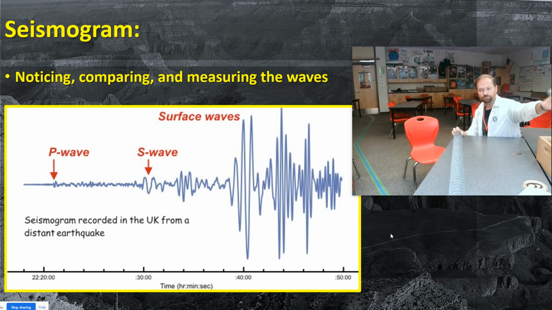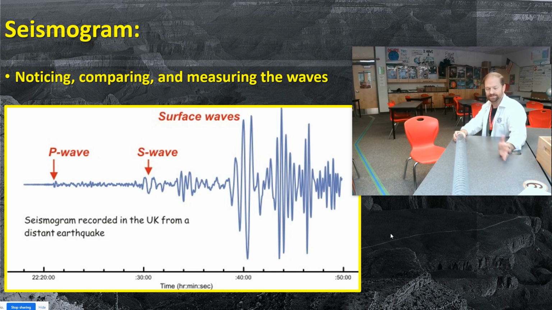And when you build using your household items and simulate it at your table, that's going to be the first kind of shock wave that you simulate when you build a building to see how it withstands the earthquake. So again, P waves. The second one is called a shear wave, an S wave.